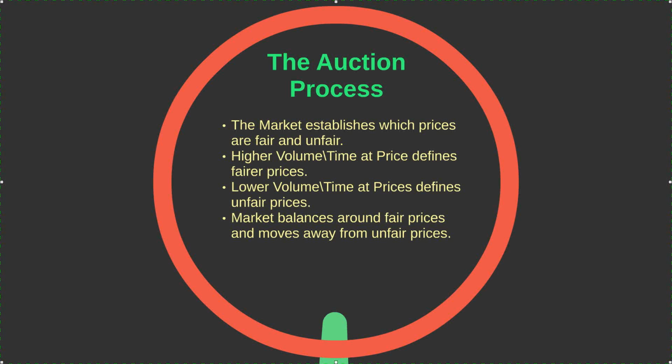Now, the auction price is very simple. As I said, the market will keep moving up as long as the buyers show interest. The market will keep moving down as long as the sellers show interest. Now, the degree of this interest is what's going to actually drive the market. As we know, it's a zero-sum game. So the buyers have to keep showing interest at higher prices to keep moving it higher.